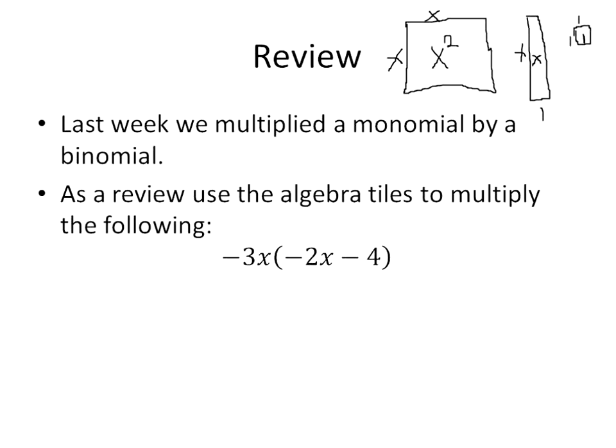And again, it looks like I see negative times negative, so I need to put a bunch of positives. So I've got 1, 2, 3. Okay, so I'm putting a bunch of positives in here.